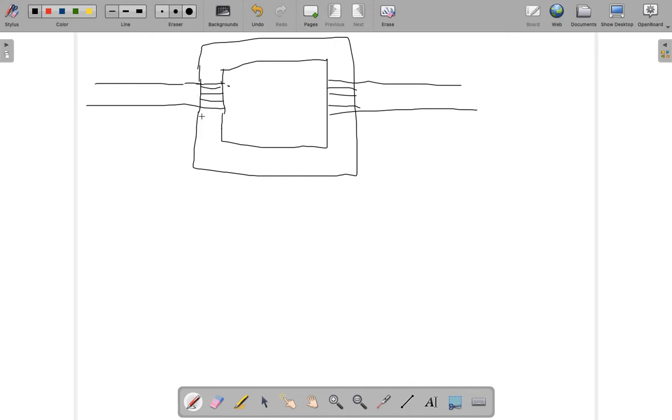So the idea is that as our current is constantly alternating, there's a varying magnetic field being produced by this coil over here. So we have a constantly changing magnetic field. And this constantly changing magnetic field is experienced by our secondary coil or our output coil.